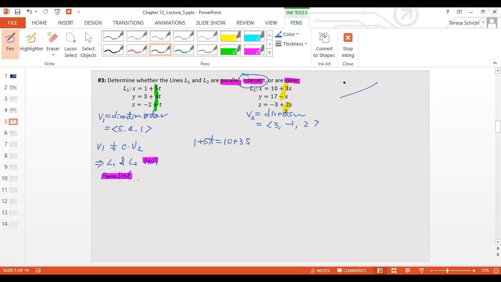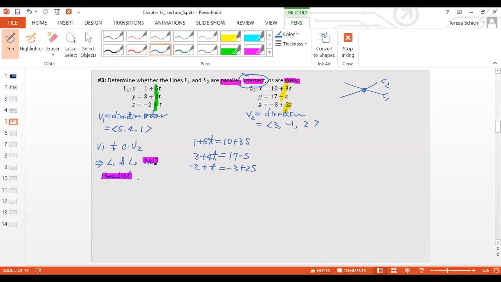Because the two lines intersect, the x, y, z on this line have to equal the x, y, z on the other line. So x is 1 plus 5t in one line, 10 plus 3s in the other. Then 3 plus 4t has to equal 17 minus s. And -2 plus t equals -3 plus 2s.